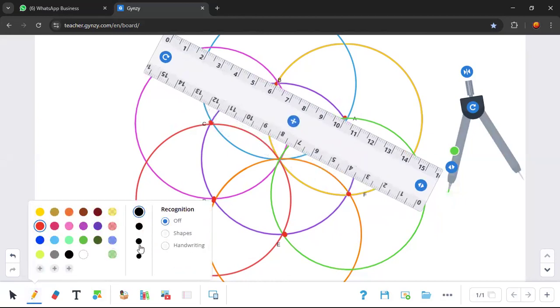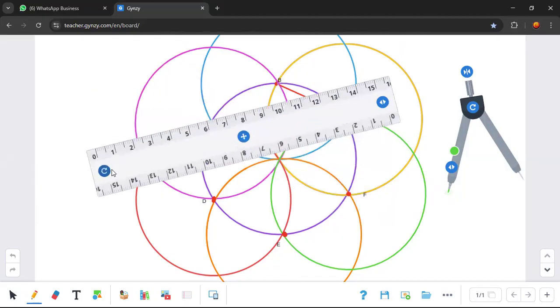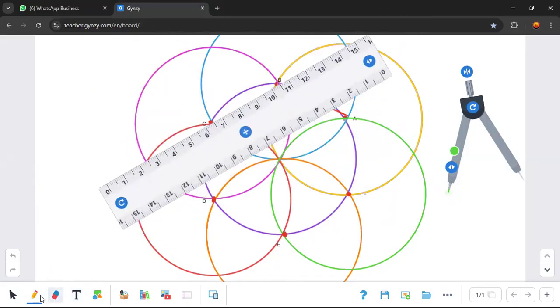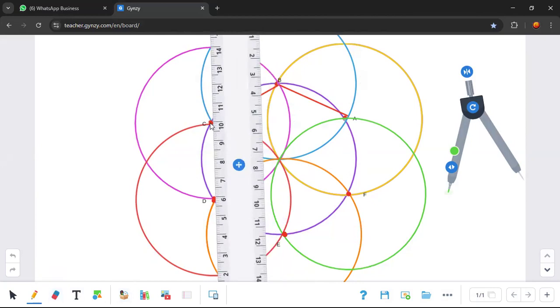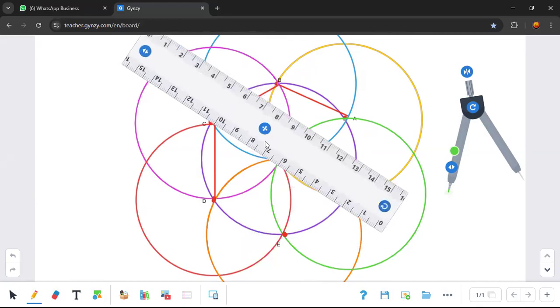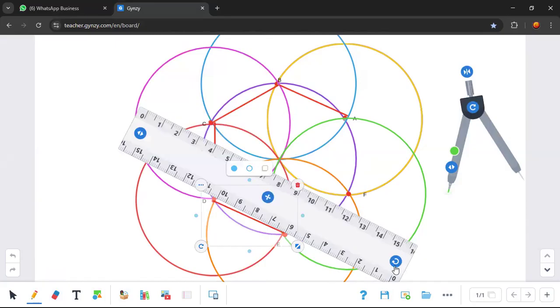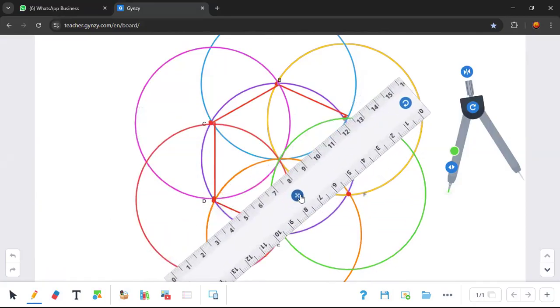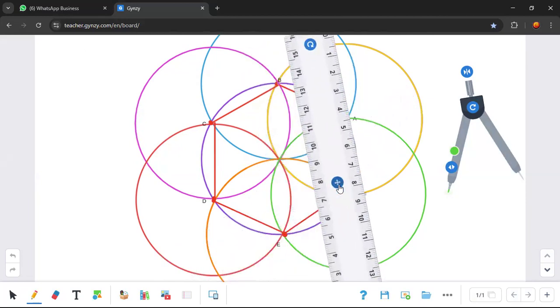I will join these points: A to B, then B to C, then C to D, and so on and so forth. E to D, E to F, then A to F.